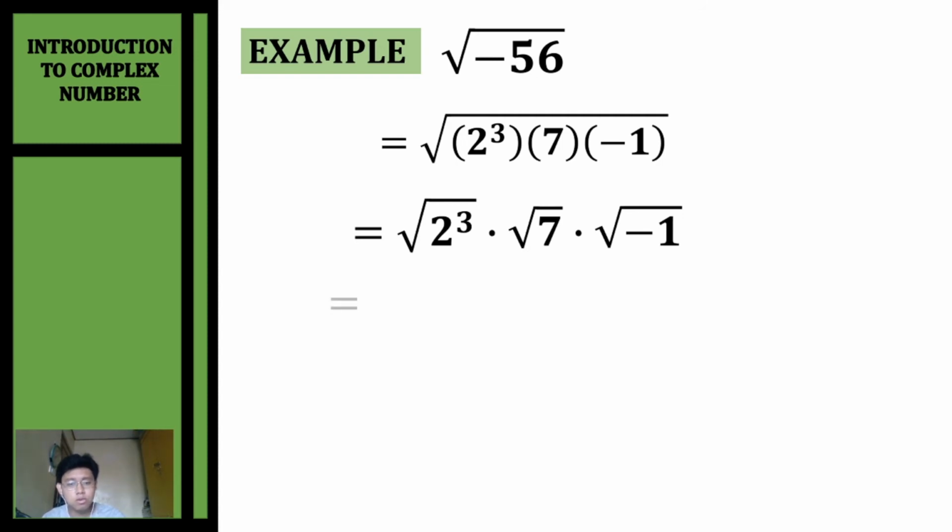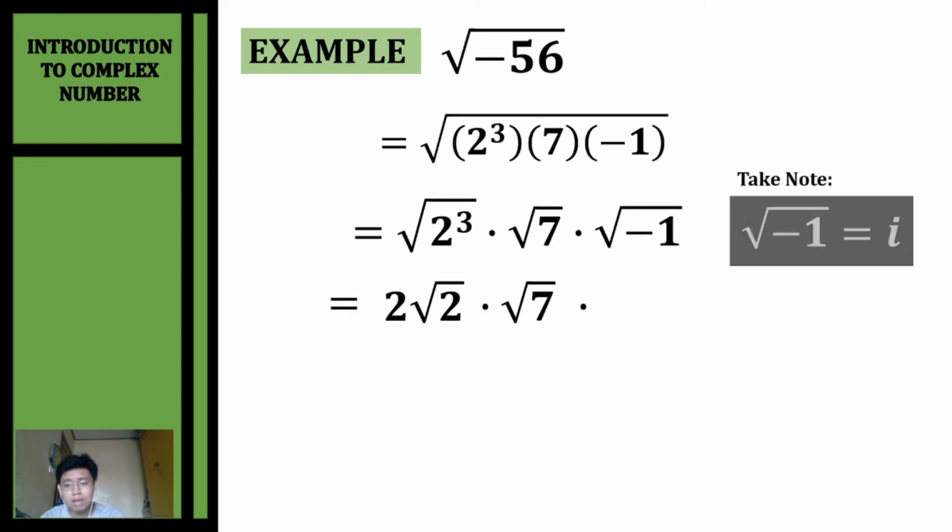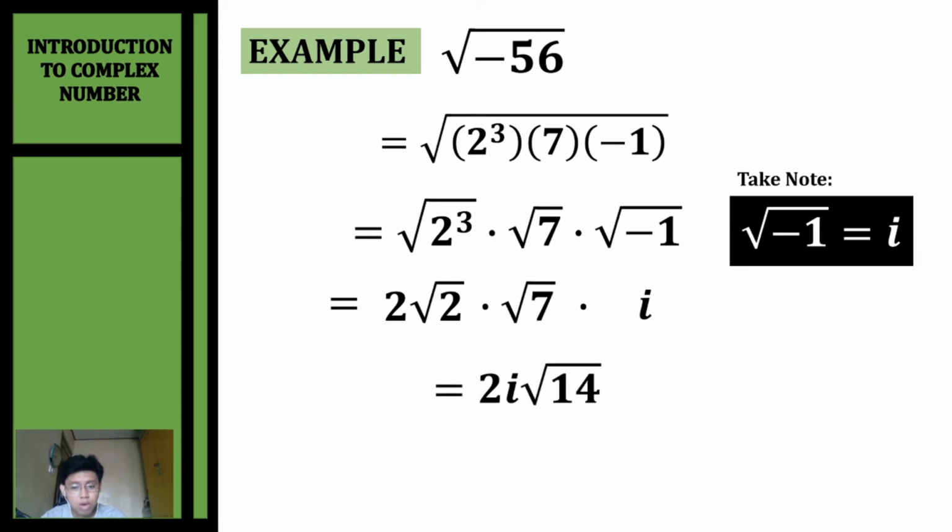The square root of 2 cubed is 2 square root of 2. The square root of 7 is still the square root of 7. And the square root of -1, again, is equal to i. Let's simplify by multiplying coefficient by coefficient, radicand by radicand. So our final answer will be 2i times the square root of 14.